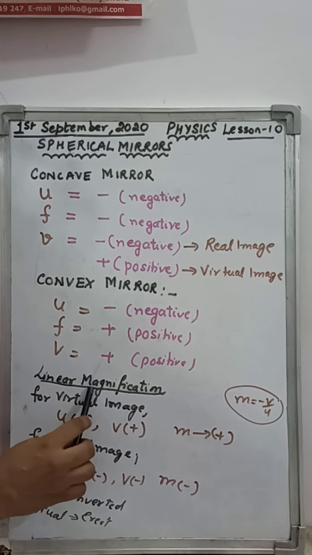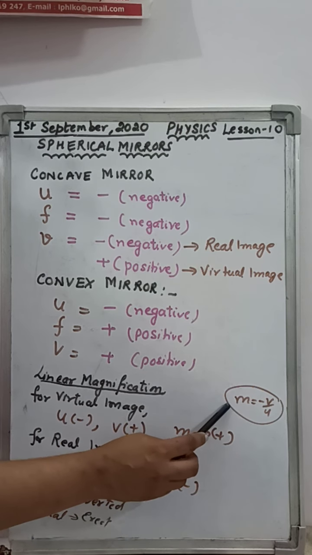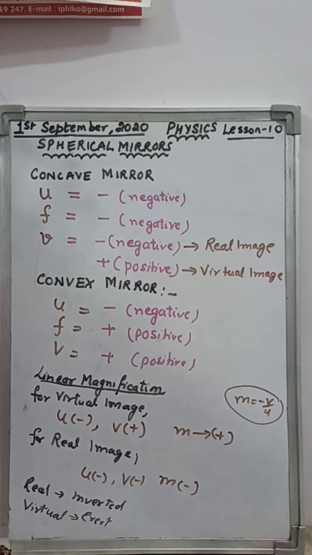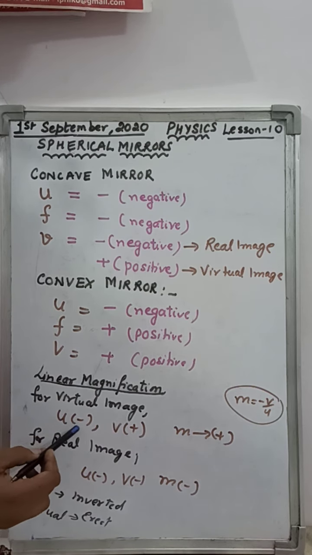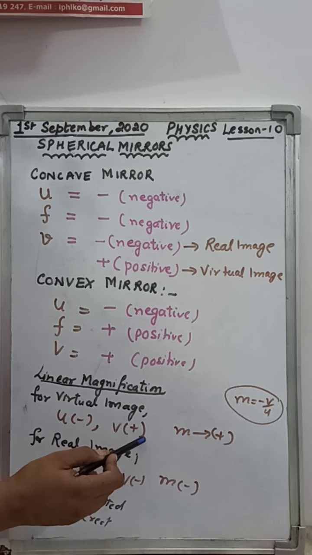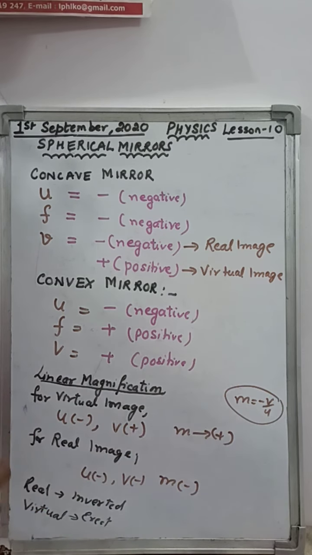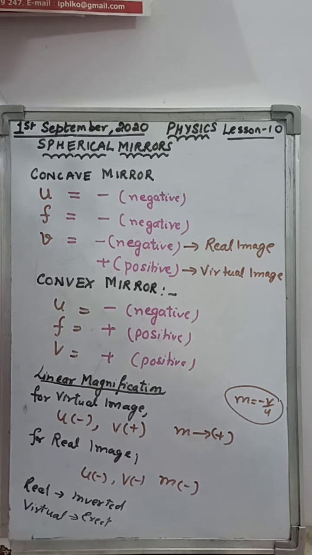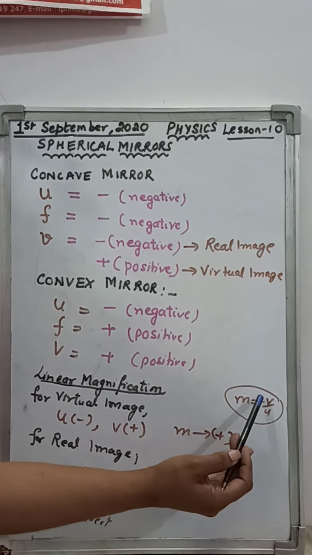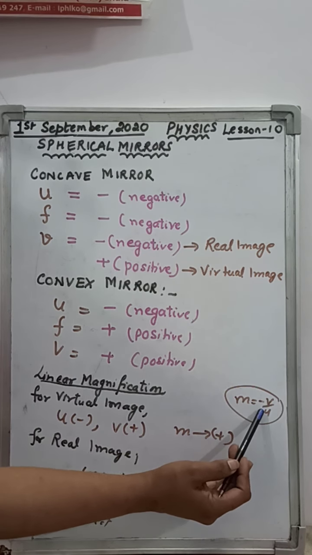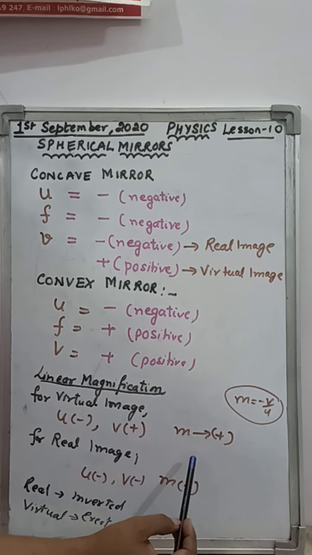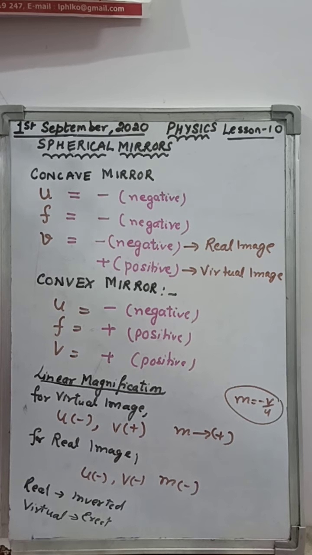Now for linear magnification, we know the formula m = -v/u. Again, for a virtual image, u will be negative and v will be positive. Clear? When you substitute the values, the magnification m will come out positive, because minus v and u negative, the minus signs cancel.